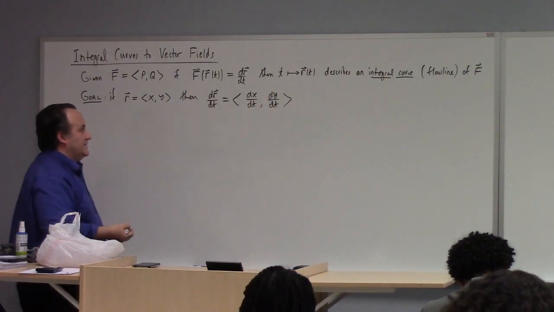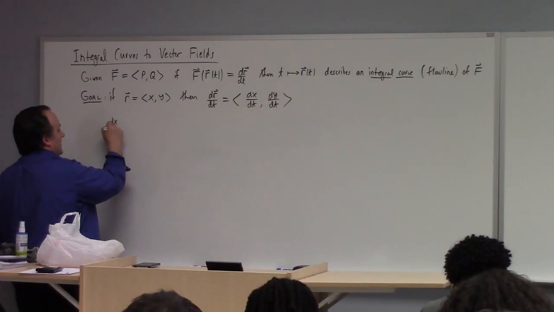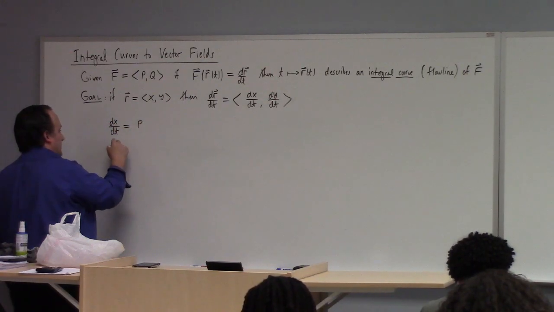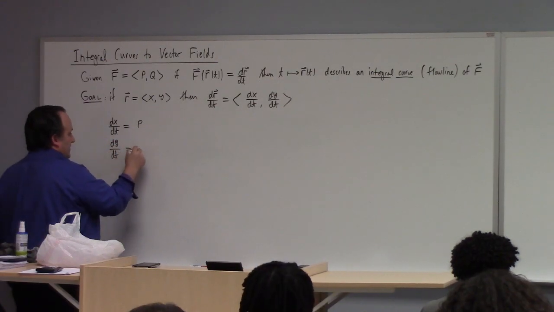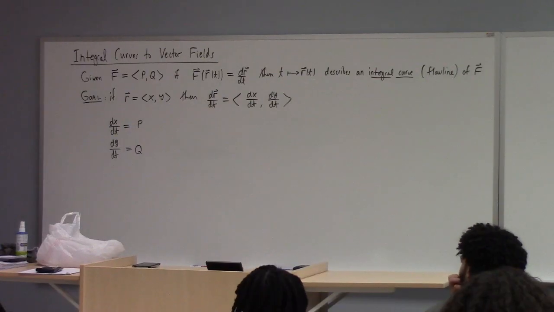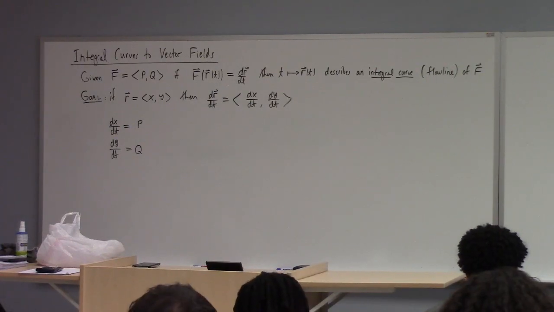And so what I'd like to solve is dx/dt equals P and dy/dt equals Q, right? And it'd be nice if I could do it for an arbitrary point too.